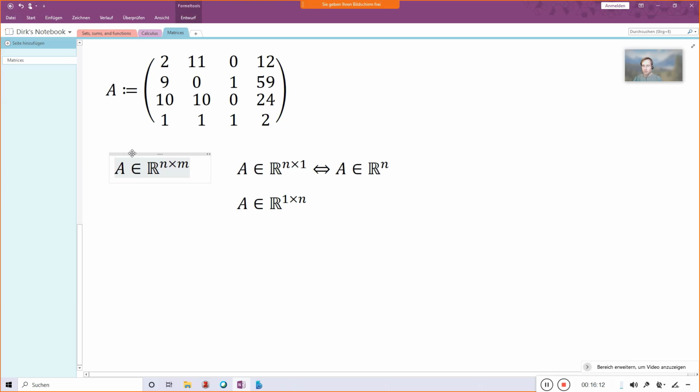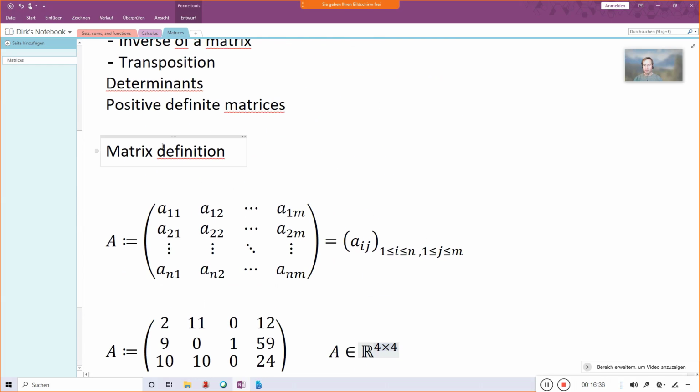So an example here would be this matrix here, as it has 4 rows and 4 columns. It's also called a square matrix, and it's a 4x4 matrix. Good. So these are matrices. That's how we can define matrices.